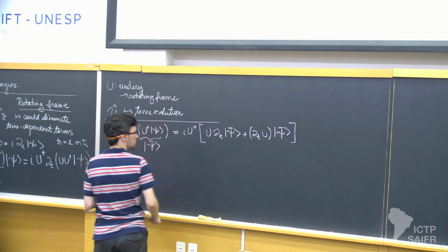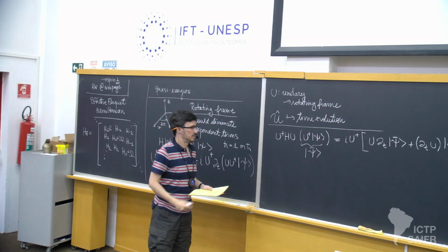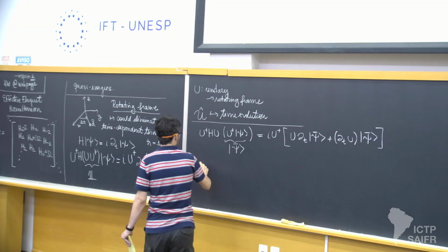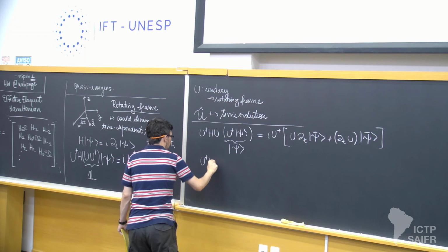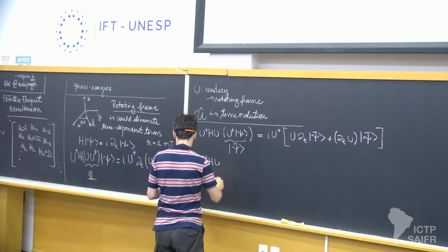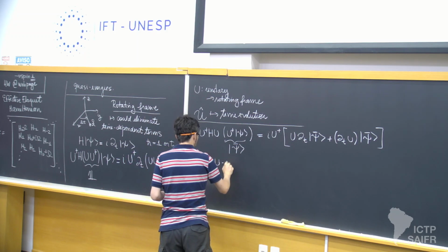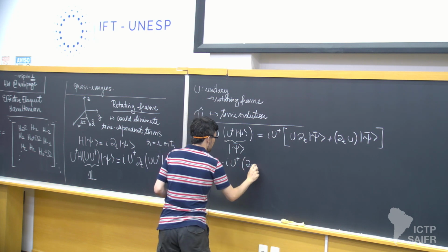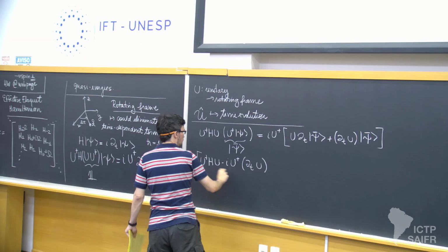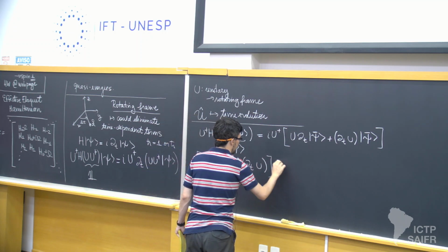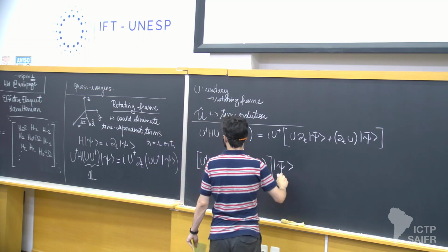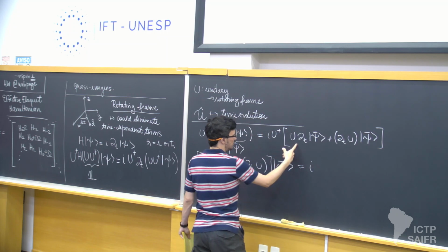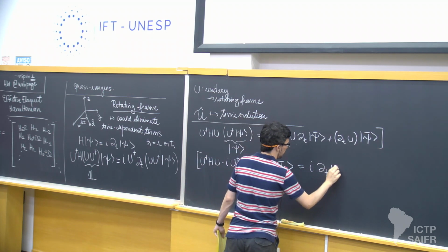I can move this term to the other side of the equation and get U dagger HU minus I U dagger dt of U, psi bar is equal to what? Is equal to I, and this is the unit again, dt psi bar.